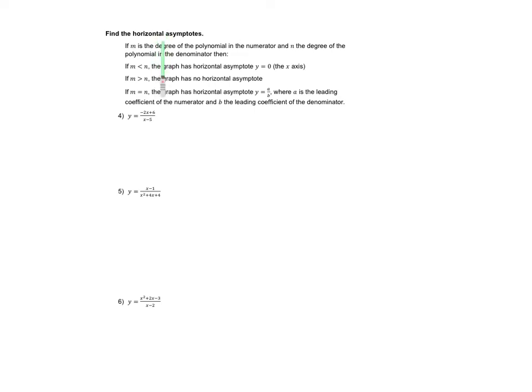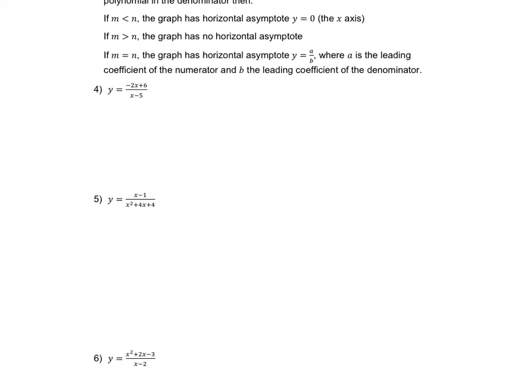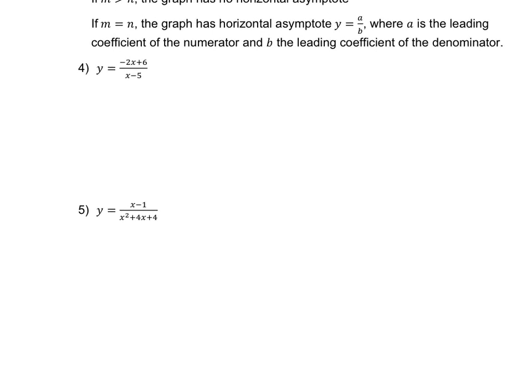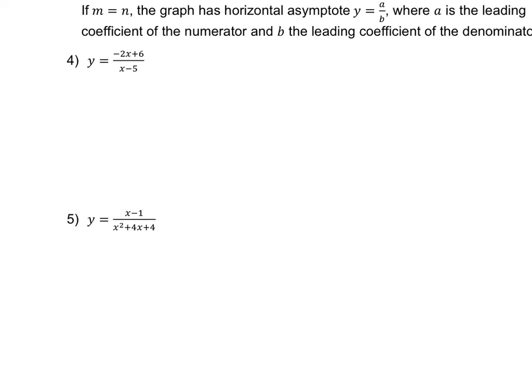For the horizontal asymptotes, it's a little bit easier because we are just looking at the degree of the polynomial. And to review, the degree is just the highest exponent of the variable, just one variable, right? So in this case, the degree of my numerator is 1. The degree of the denominator is 1. So we're going to look at that information right there.